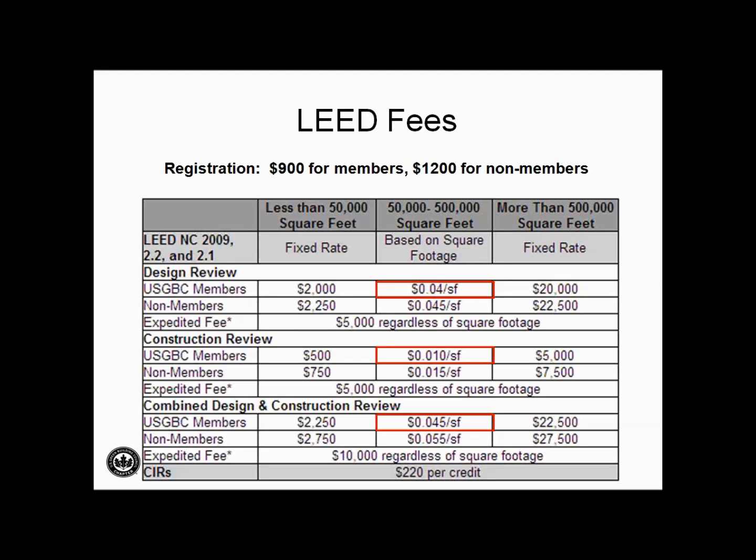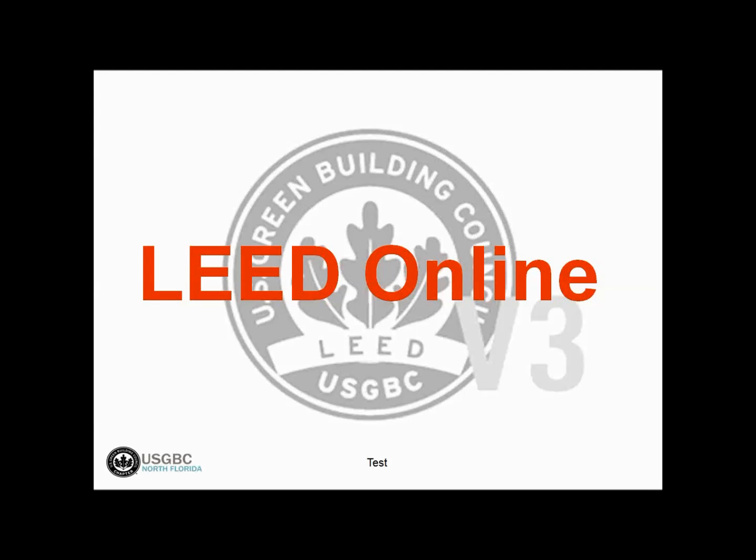So, if it's on the test, you want to be familiar with the $900 for registration and the 4 cents, 1 cent a square foot numbers. You don't have to memorize everything else. And I realize the reason they ask on the test is that you always get asked by the client. The client is often confused about the LEED costs and registration versus certification versus commissioning.